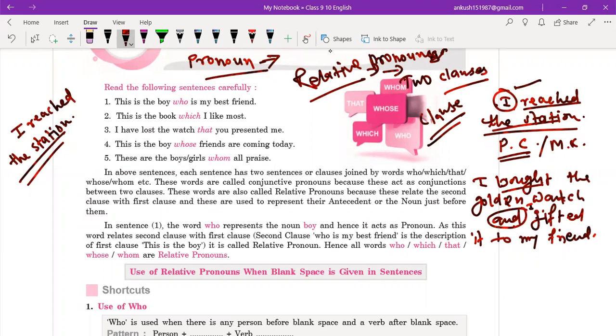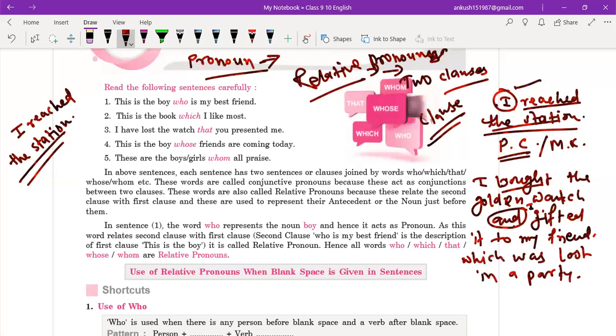Okay. Yes. Now, the last clause is subordinate clause. The subordinate clause is the clause which depends upon another clause to convey its meaning. Here, I bought the golden watch and I gifted it to my friend, which was lost in a party.